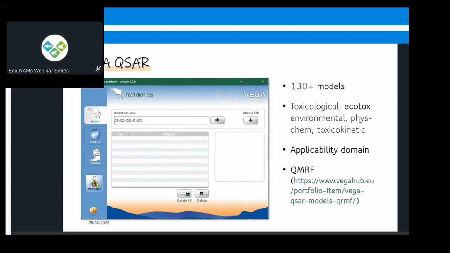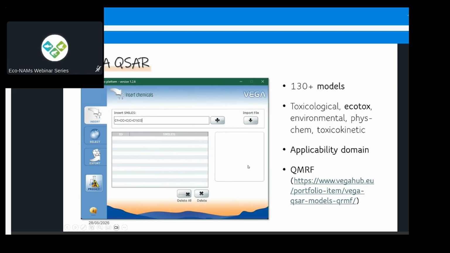The tool is known as VegaQSAR. VegaQSAR includes more than 130 models for several properties: toxicological, ecotoxicological, environmental, physicochemical, or toxicokinetic. In addition, there is a tool that analyzes if each prediction for each chemical, for each model, is within the applicability domain of the model.